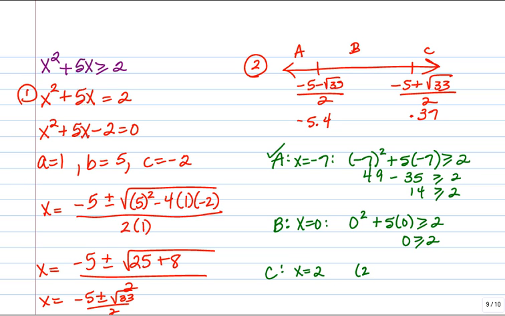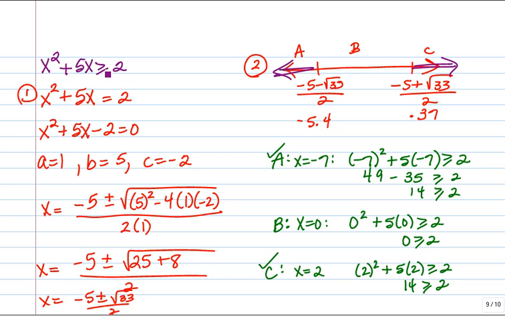So is 2 squared plus 5 times 2 greater than 2? Yeah, that's 4 plus 10 or 14, which is greater than or equal to 2. So my solutions lie in region C and in region A. Can I include the endpoints?